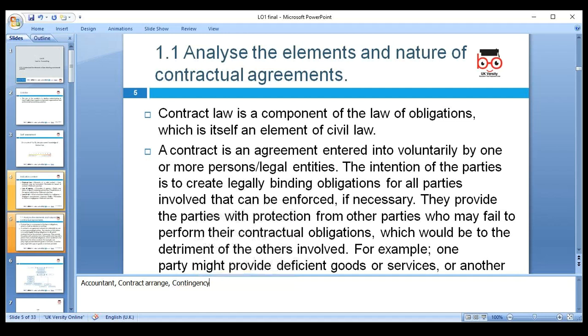Let's say my tax bill is 1,000 and 10,000, and I say to you, if you save me 50% of this, I'll pay you 25% of it. Can I do the contract with you? No. It's a bribe. It's unlawful.